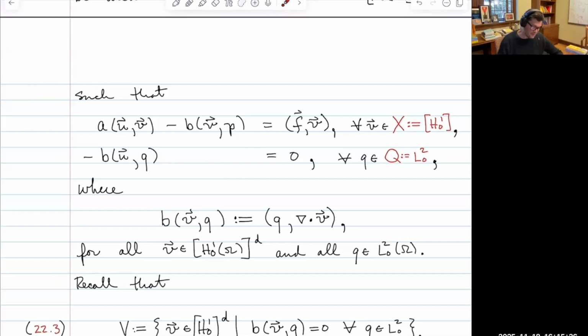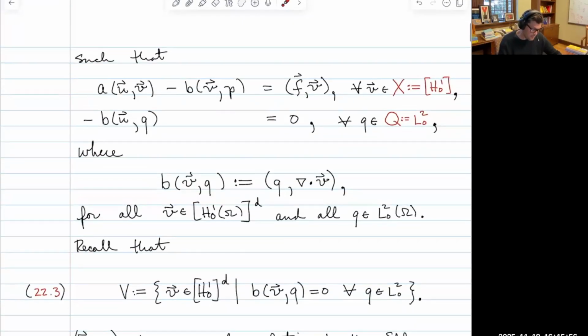Divergence of u in the strong form was assumed to be 0, so in the weak form, we're just going to take this bilinear form to be equal to 0. Now, the plus or minus sign out front doesn't matter because on the right-hand side, I have 0. So I could multiply this by another minus, and it's not going to change the 0. So this is our weak formulation of the Stokes problem.